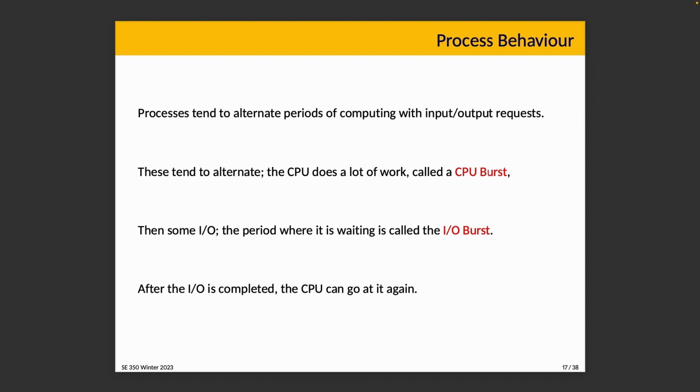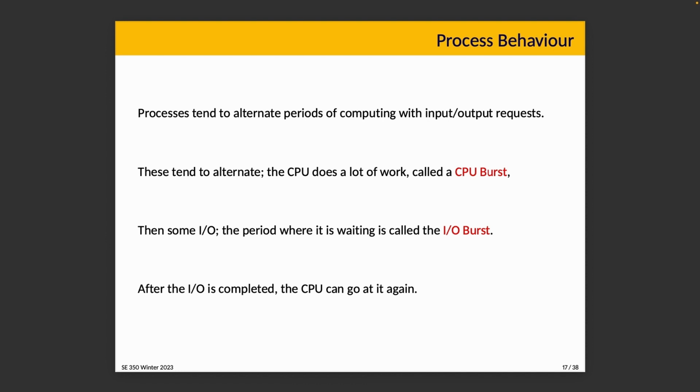So not every thread follows this alternation pattern, and the time spent on each is very rarely 50-50, but nevertheless, we do see there are patterns, and we do see there is a spectrum, right? There are programs that just do I/O stuff. They hardly do any computation, so all of their time is I/O burst.